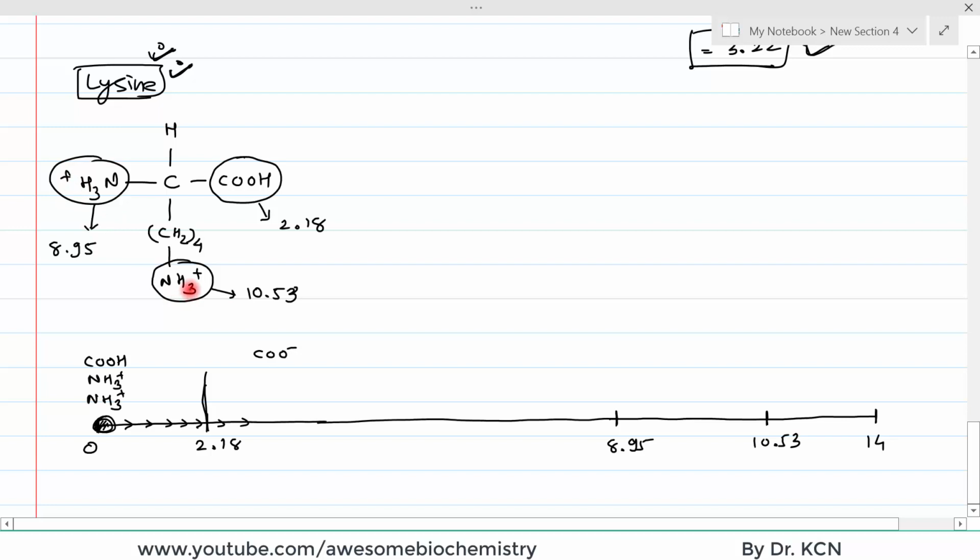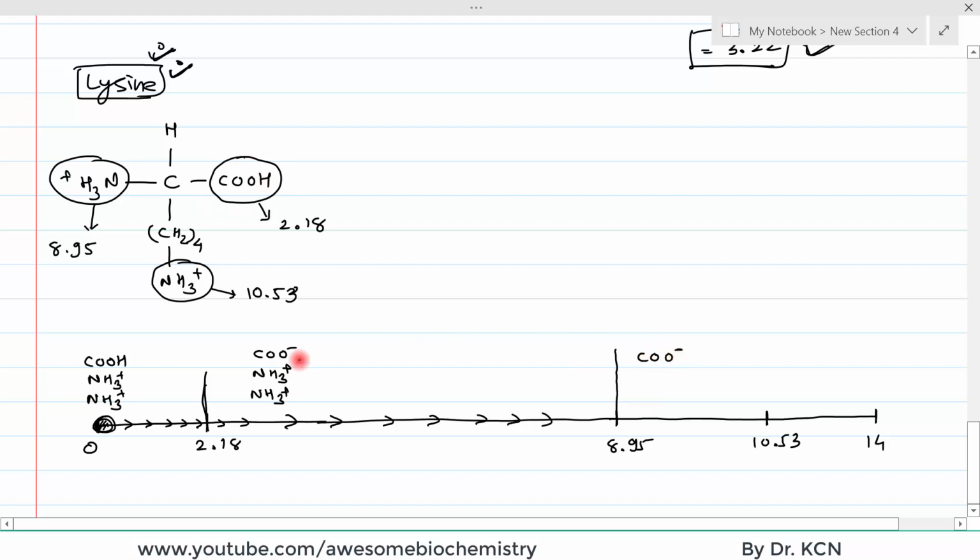What about both amino groups? This amino group will be in the protonated form, right? So, NH3 plus, and this amino group will also be in the protonated form, so it is also NH3 plus. Now, you increase more and more pH, and at one point you will cross this 8.95 mark. At that place, what will occur? This carboxy group had already lost its proton, so no change in that.